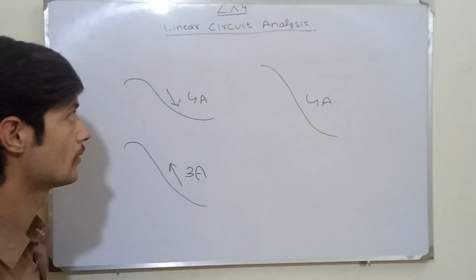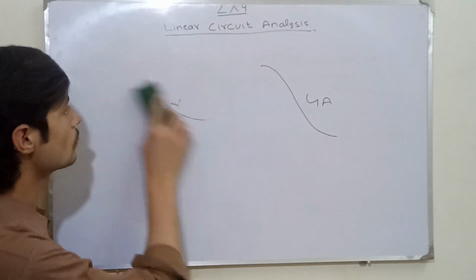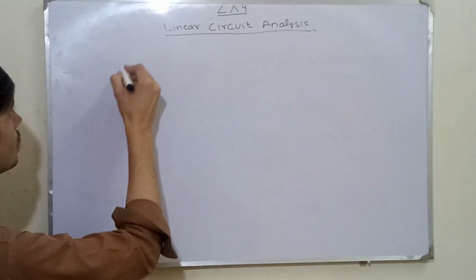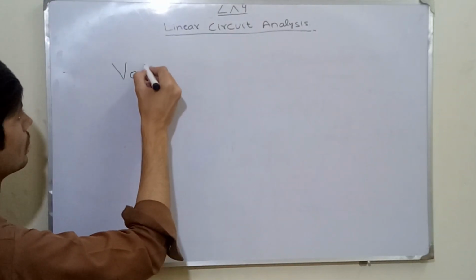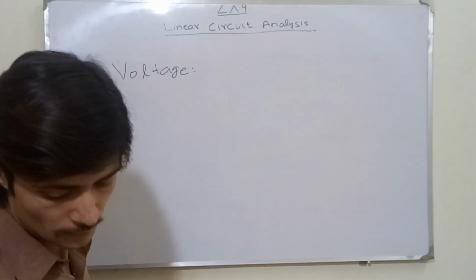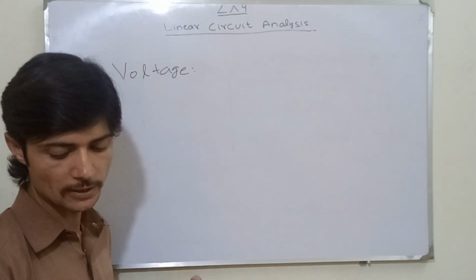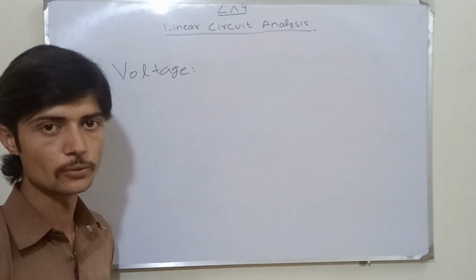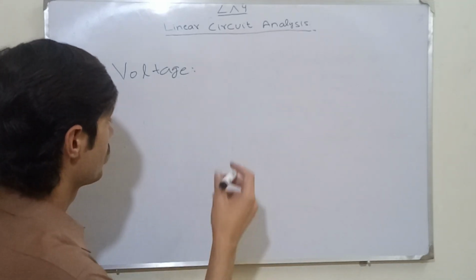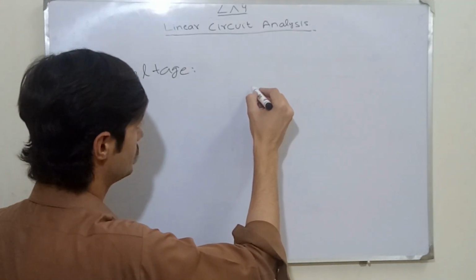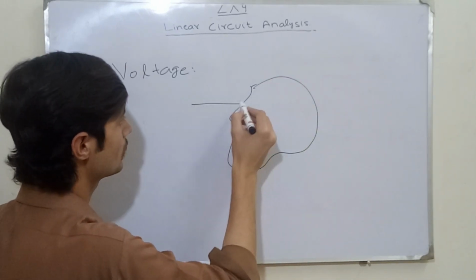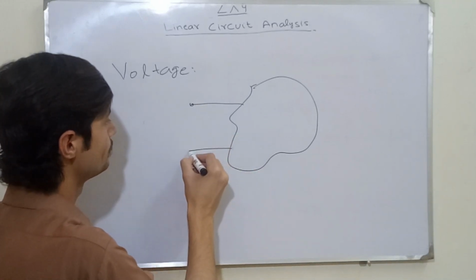Now let's discuss voltage. What is voltage? Voltage across a terminal pair is a measure of work required to move charge through the element. For example, this is the element and these are two terminals.